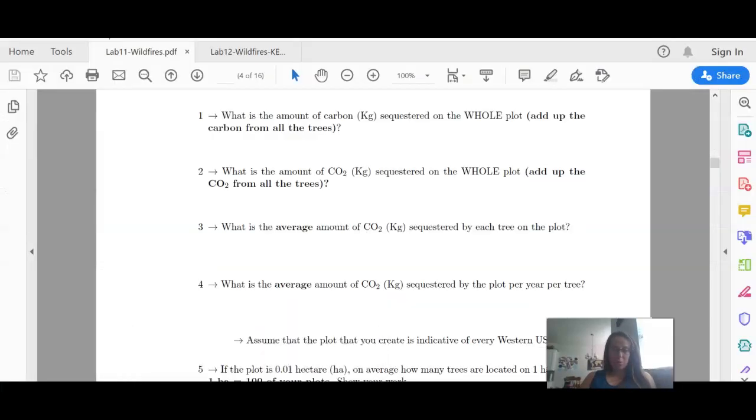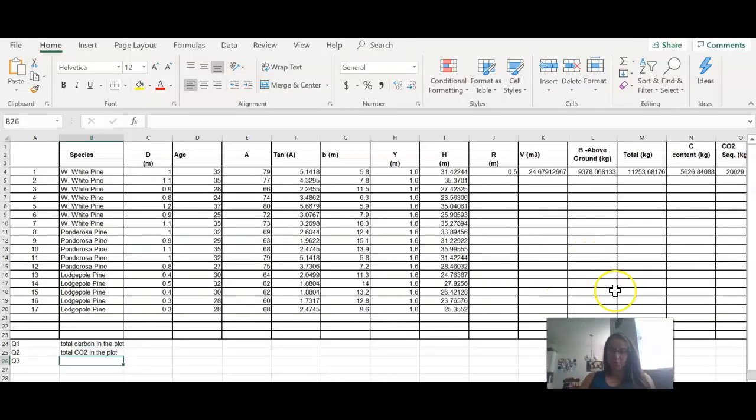Question 3 says, what is the average amount of CO2 that is sequestered by each tree on the plot? Okay, so now we start dealing with the average of each tree on the plot itself. So first, average CO2 per tree on the plot.